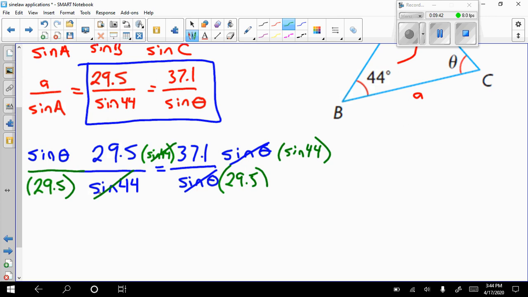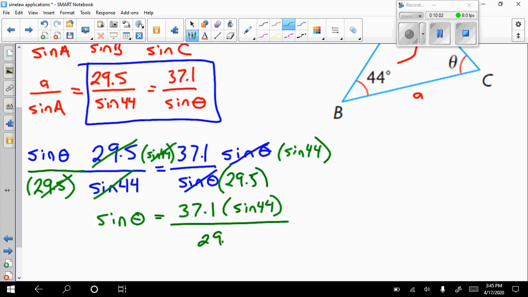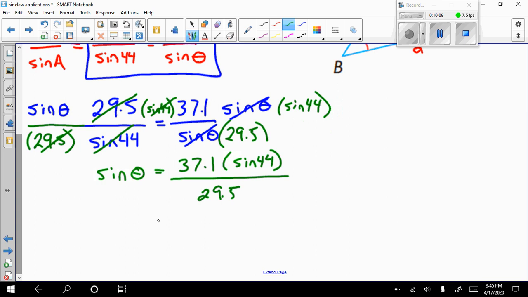So I've got sine 44 over sine 44 is 1. 29.5 over 29.5 is 1. And then here we go. Sine theta is equal to 37.1 times sine of 44 divided by 29.5. So I'm just rearranging, and here we go.